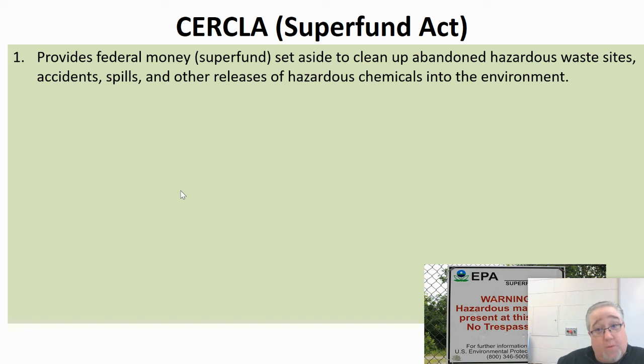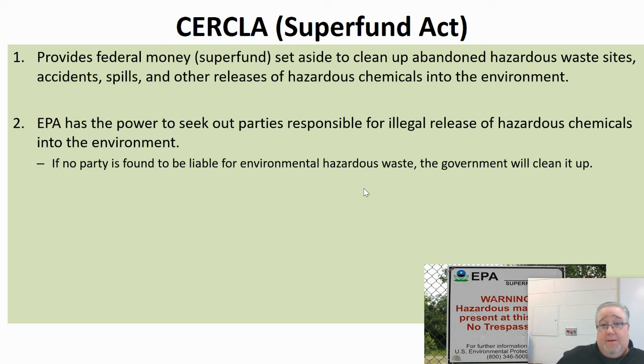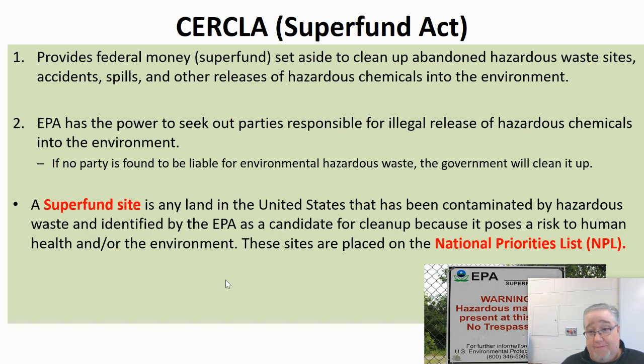We put this money aside, we save it, in order to clean up any type of hazardous waste sites if there's any type of spill or accident or release of some type of chemical into the environment. It also gives the EPA, the government, the power to seek out who's responsible for producing these hazardous chemicals and allowing them to get into the environment.